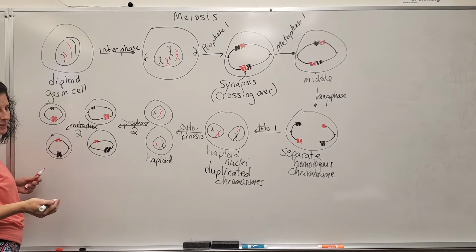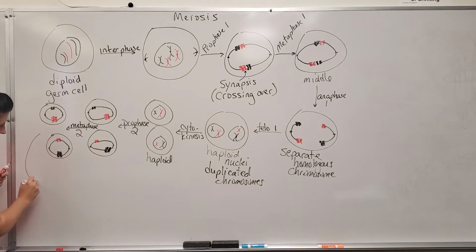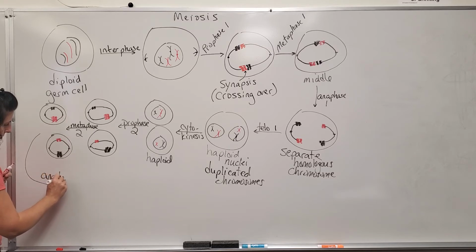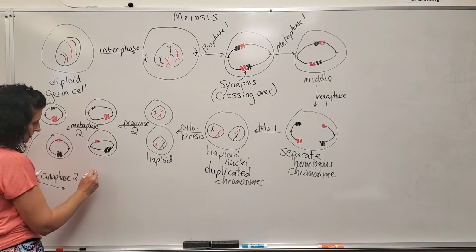And now we're ready for them to separate. So we line them up in the middle, and then both of them are going to go through anaphase 2. And now we're going to separate those sister chromatids.